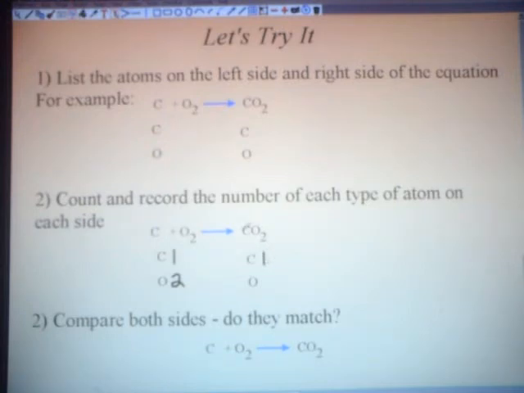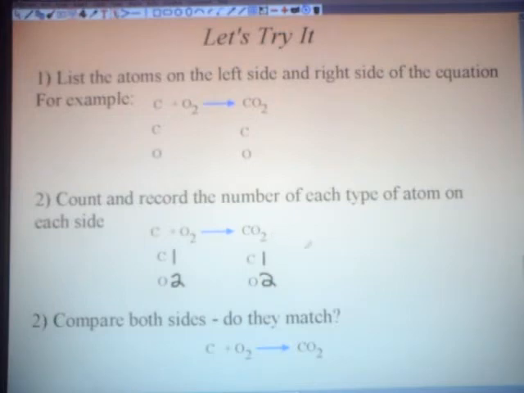How many oxygen atoms do I have on this side? In other words, what is the subscript that follows the letter O on the right side of the equation? Excellent. I have 2 oxygen on this side.